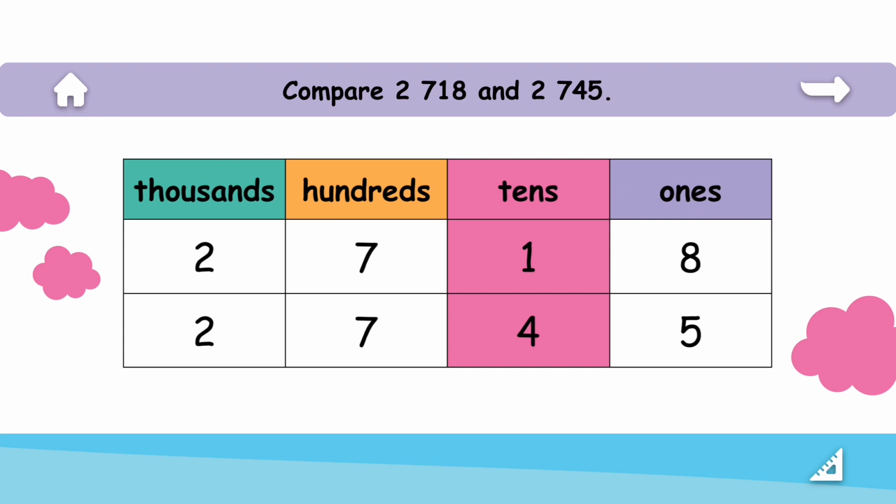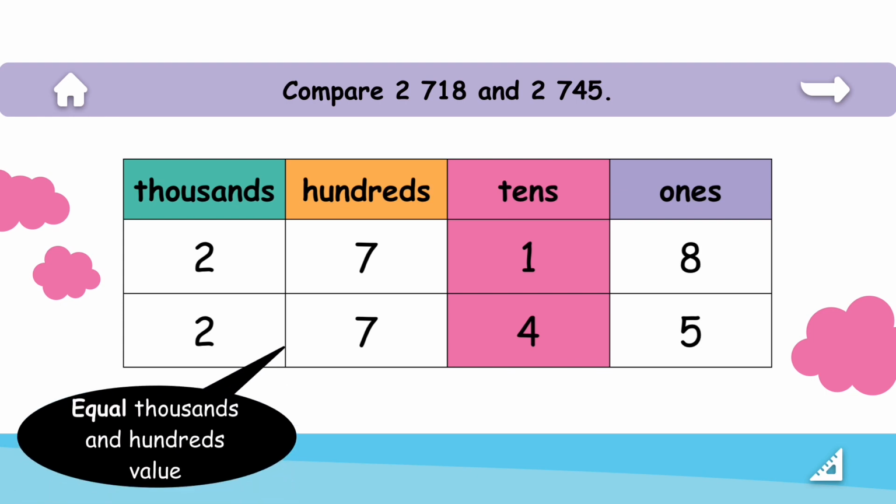For both numbers, digit 2 is made up for 1000, so we cannot compare these numbers using the thousands. Next, we move to the hundreds. Again, both numbers are made up of 7 as the hundreds place value.